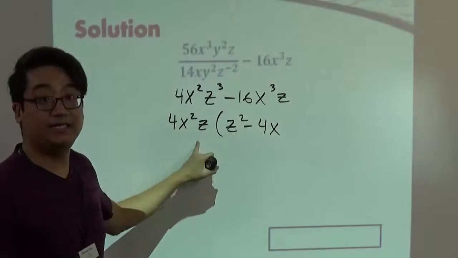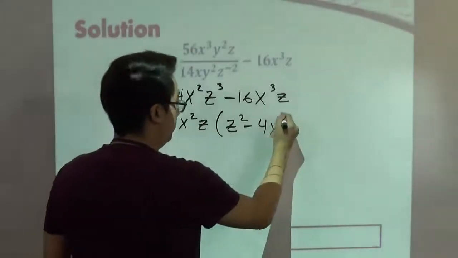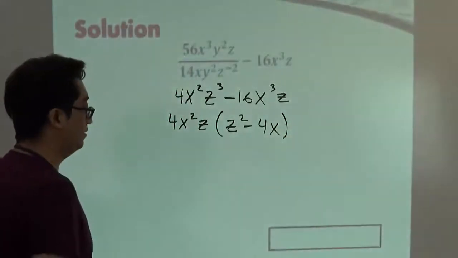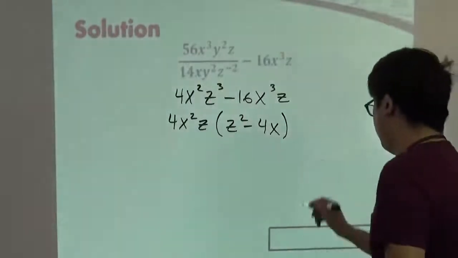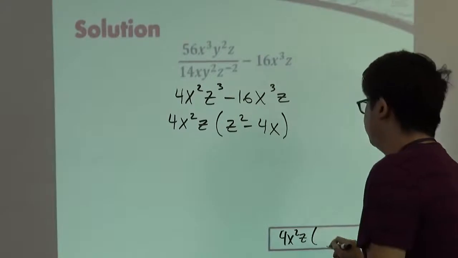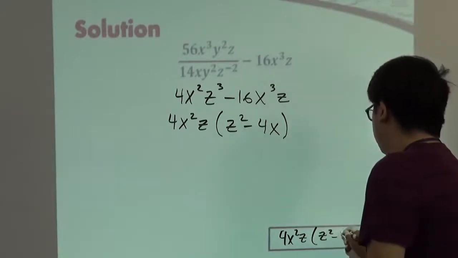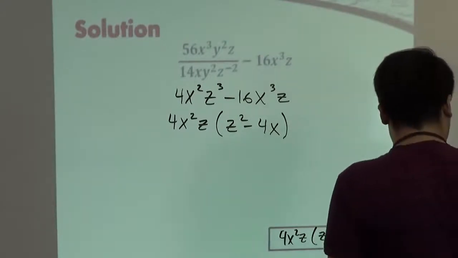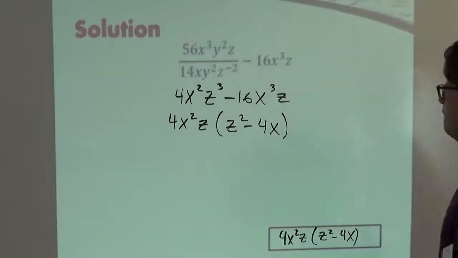And z divided by z is just a 1, so we don't have to write it. So we're done, and we close our parentheses. So the factored form of this expression is 4x squared z times z squared minus 4x. Right?